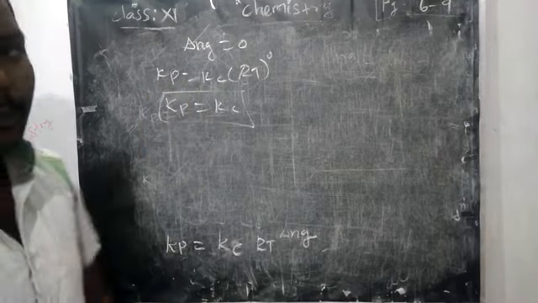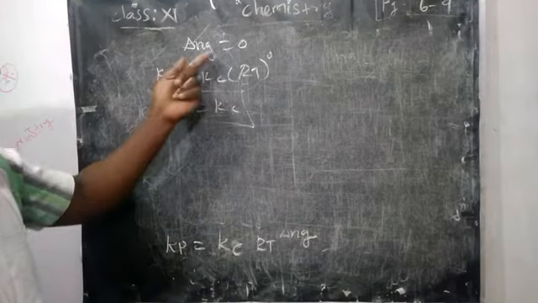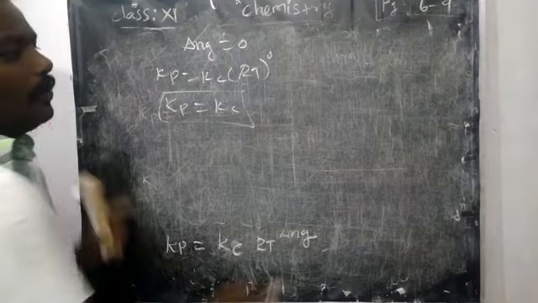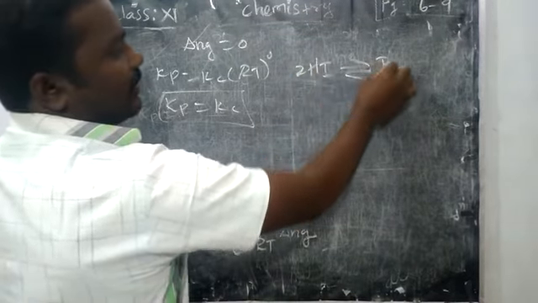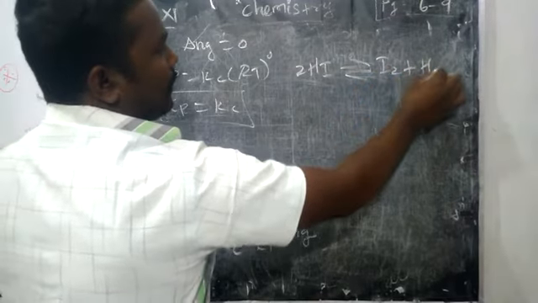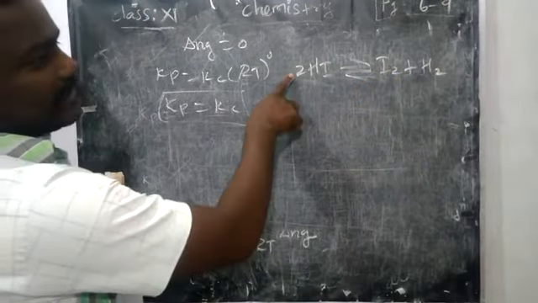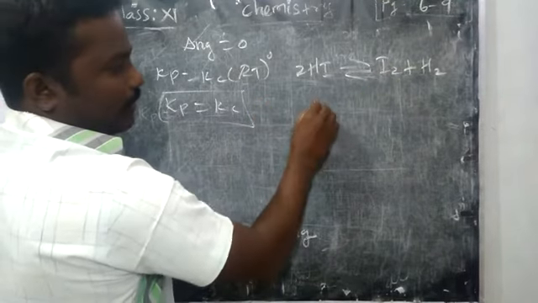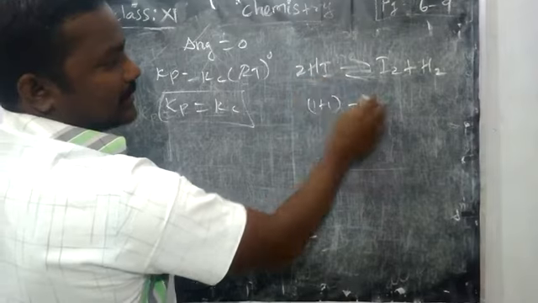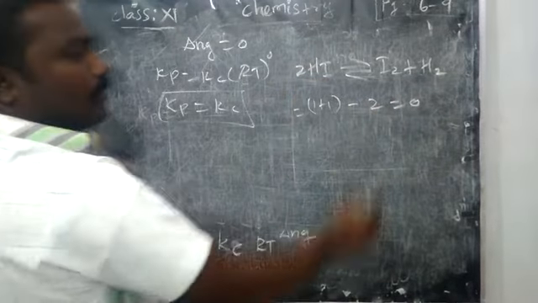It may be a one mark question. Now examples for delta ng equal to 0. Dissociation of 2HI gives I2 and H2. What are the coefficients? For the product side first we write 1 plus 1 minus 2, which is equal to 0.